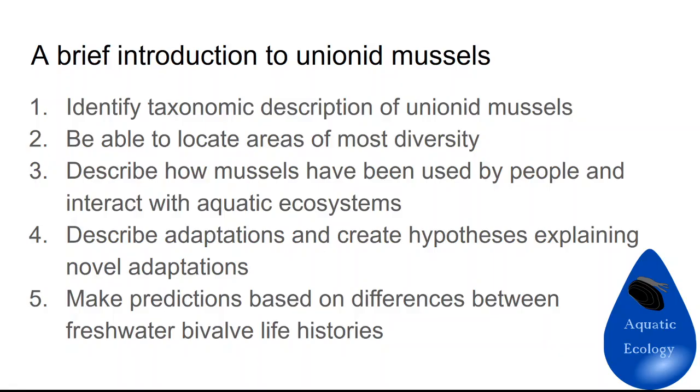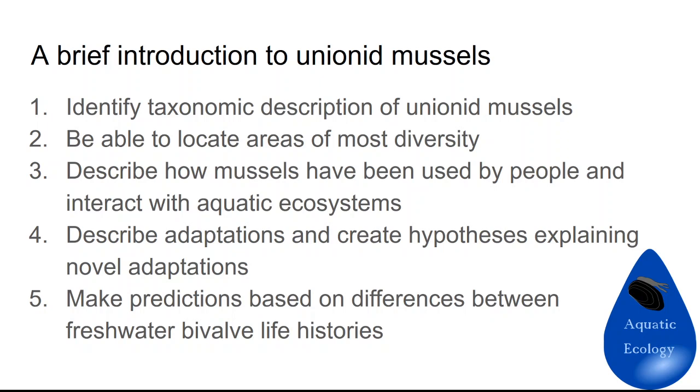All right. So what did we talk about? I told you a little bit about the taxonomy of unionid mussels, compared that to the taxonomy, the naming structure of some other mussels that you might be familiar with. And so you should be able to identify what taxa unionid mussels belong to.